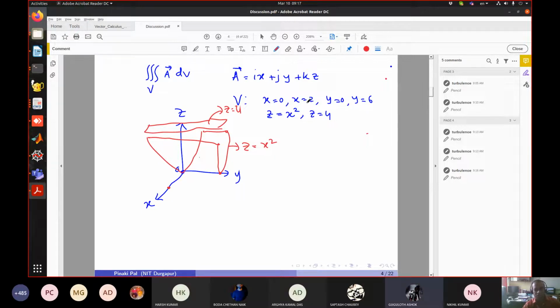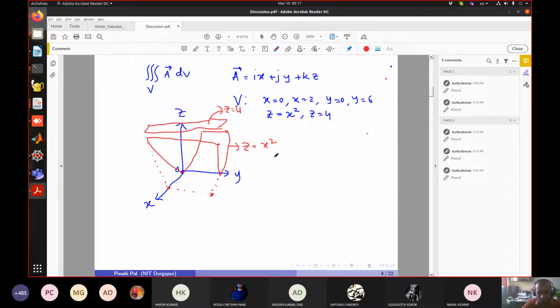Sir, at x is equal to 2 and y is equal to 6, in the xy plane there will be a rectangle form. Then the projection of this region will be something like this. X will vary from 0 to 2 and y will vary from 0 to 6.